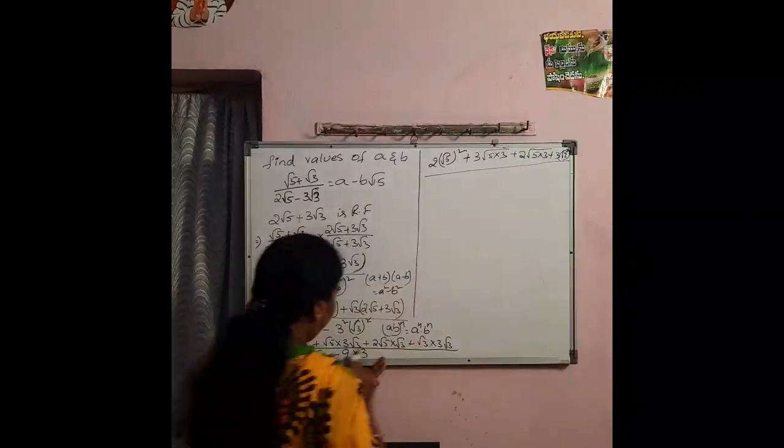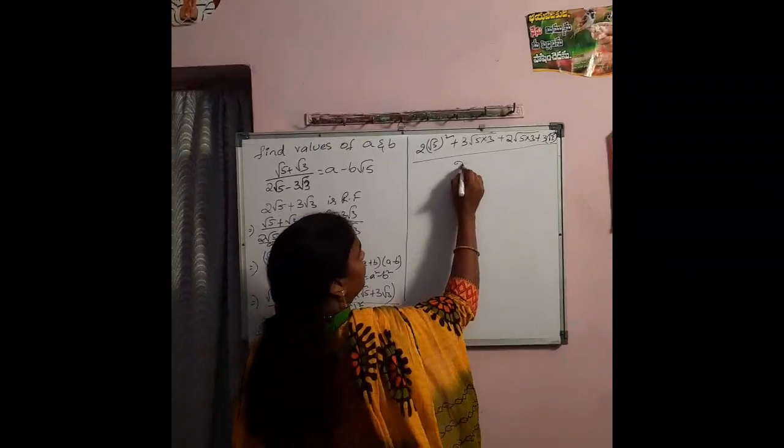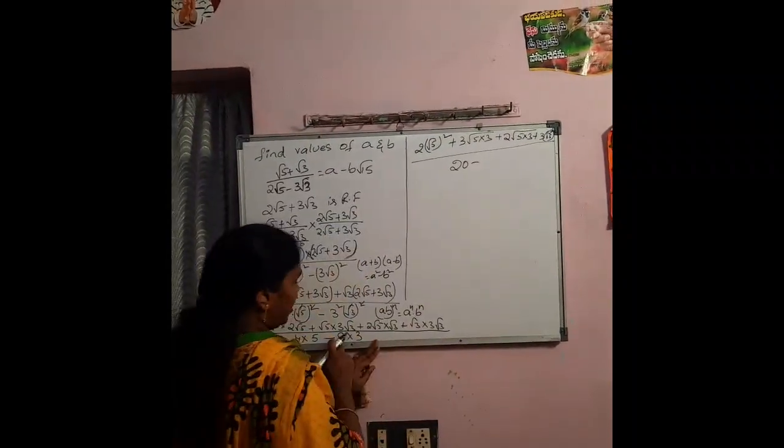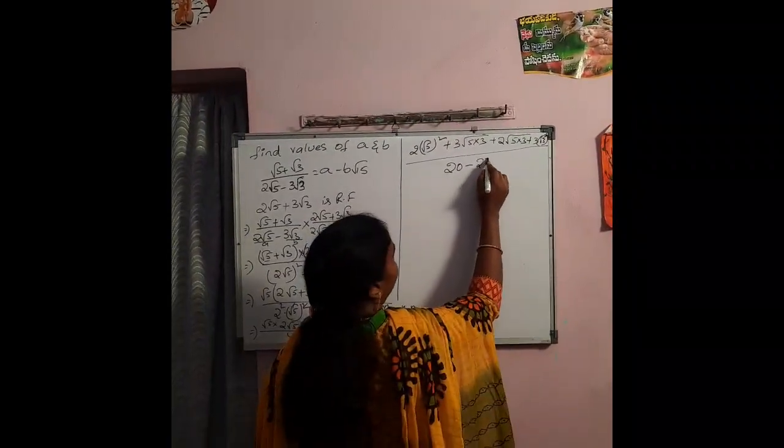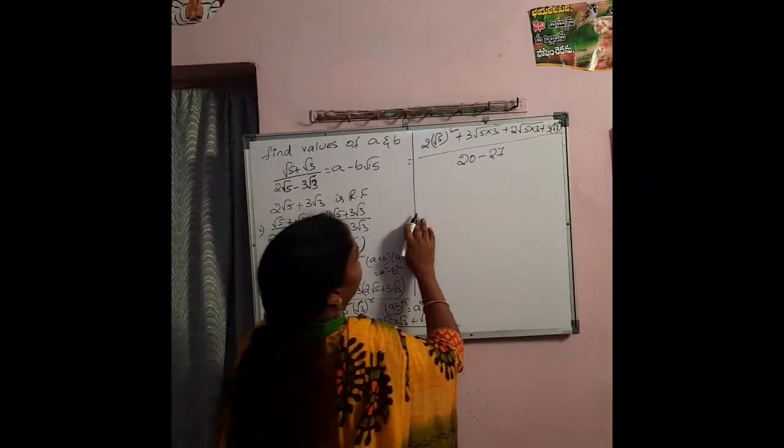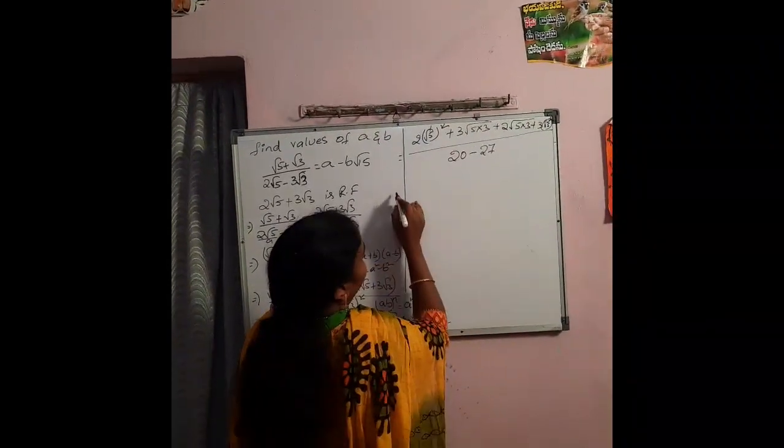by 5 4s are 20 minus 9 3s are 27. So now square and root will be cancelled.